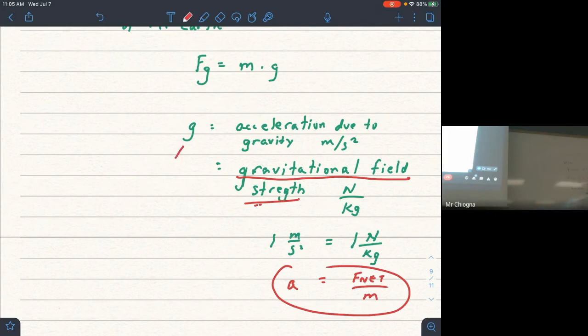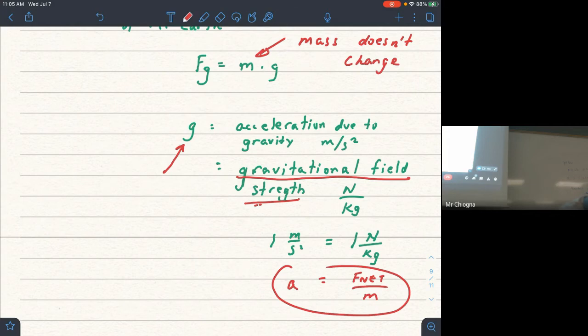This value can change. That's the changeable factor. This value cannot. Whatever the object is, the mass is the same everywhere in the universe. Mass doesn't change. It's just a measurement of the amount of matter.